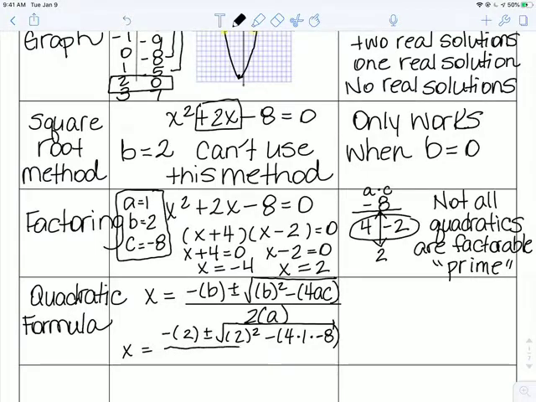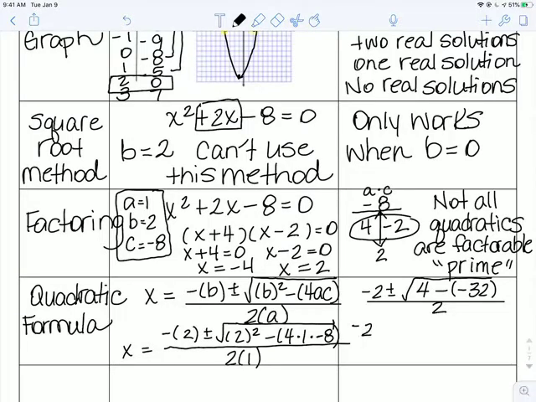And you should get 2 answers out of it because of that plus or minus. All right, so coming over here, I get negative 2 plus or minus the square root of 4 minus a negative 32 all over 2.